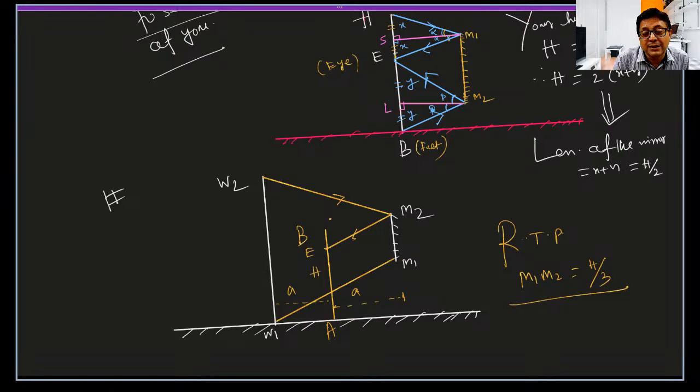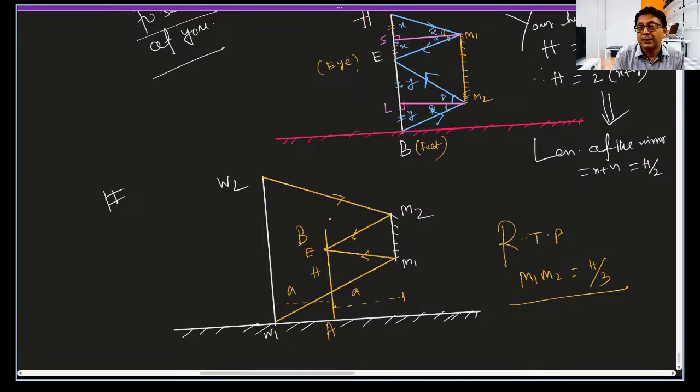Light incident here goes this manner. Okay, now your problem, just by similarity in class 10 geometry, to prove that M1 M2 going to be equal to h by 3.